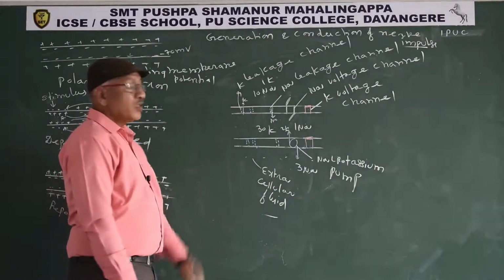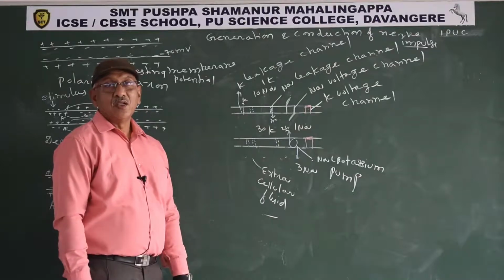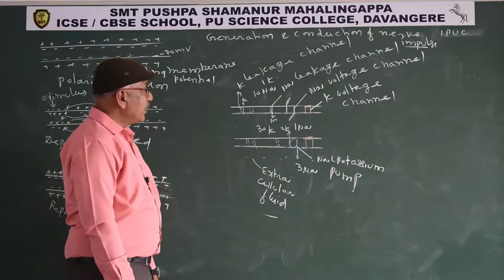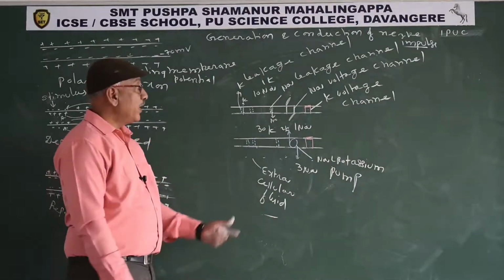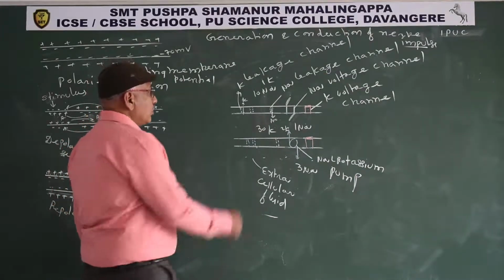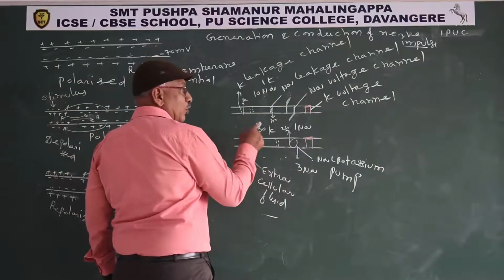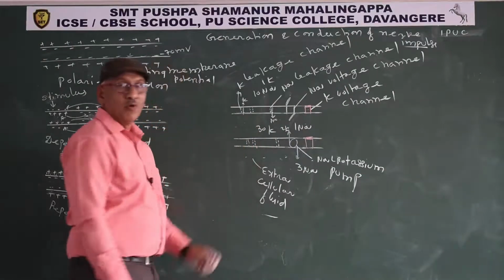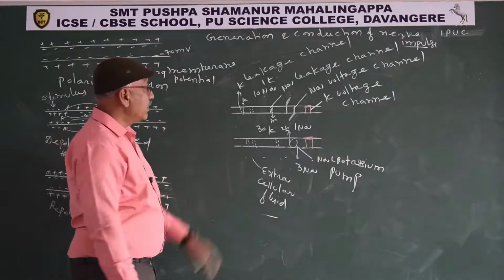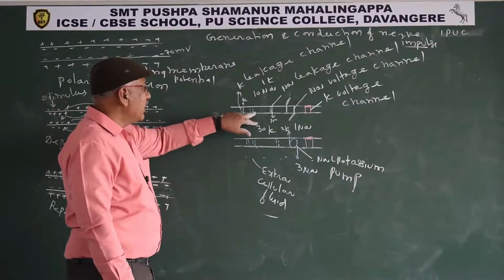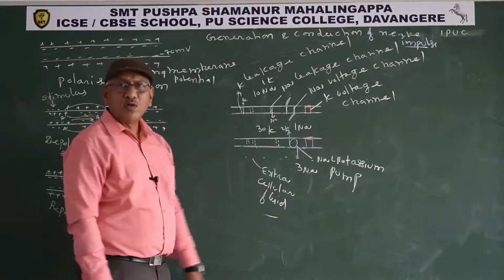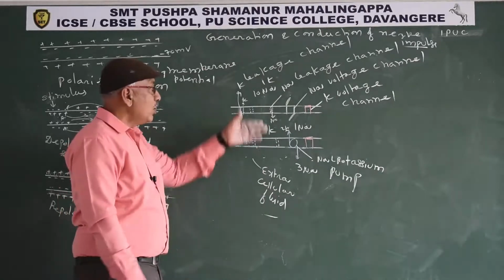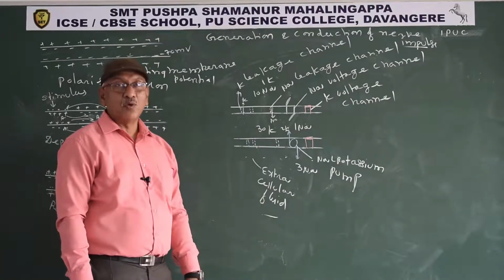As a result, positive charge decreases, meaning the inside becomes more negative. To maintain minus 70 millivolts, more positive ions go out, making the inner surface more negative.